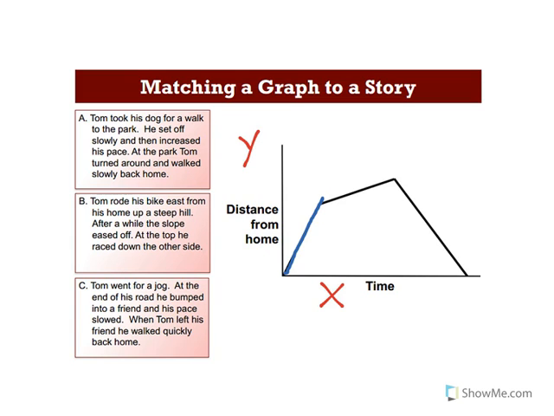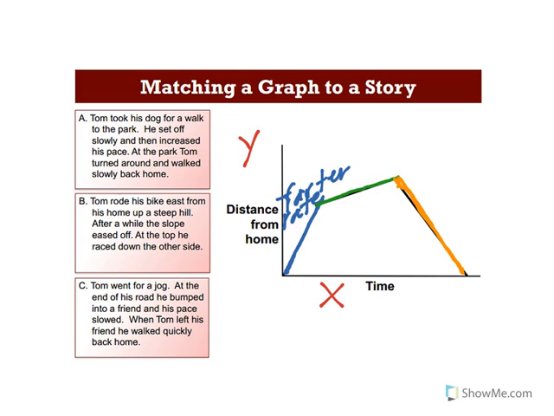So in the first interval, this blue line represents a faster rate. Okay, the second interval represents slowing down. And since the distance is going negative, the third interval represents him going back to where he came from.